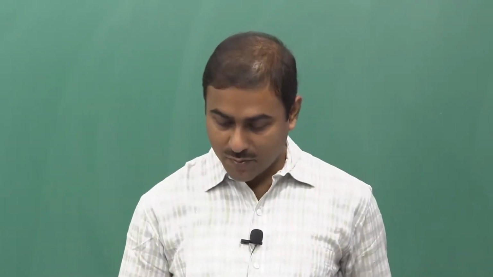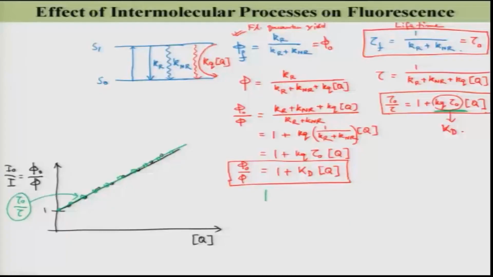So, this type of quenching is known as dynamic quenching. So, this results from the collisional encounter.